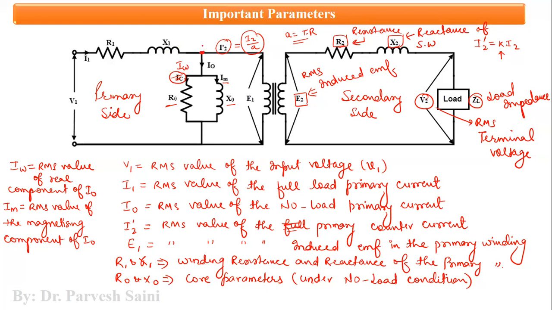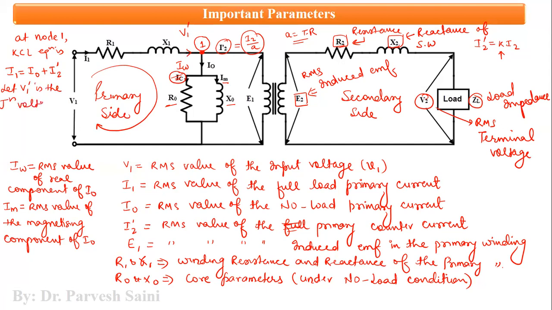Let us consider this to be node 1. At node 1, if you apply KCL, the equation is I1 is equal to I naught plus I2 dash, right? Now if you apply KVL in this particular loop, let us assume that there is a certain voltage V1 dash at this junction, the junction voltage of node 1.